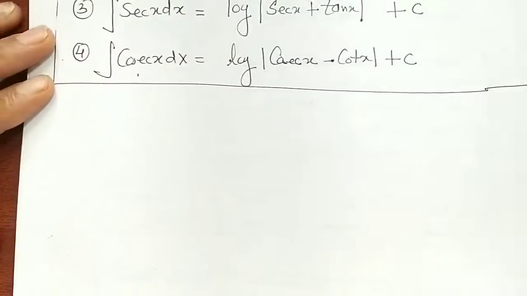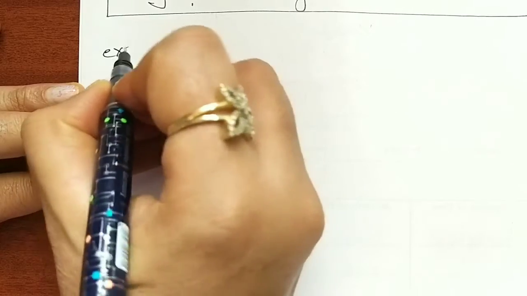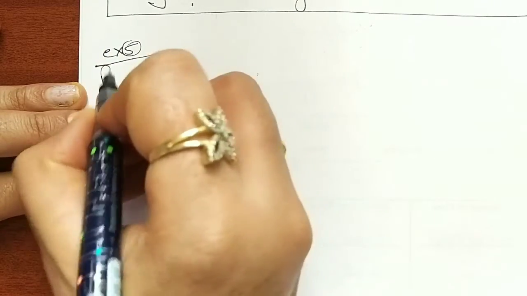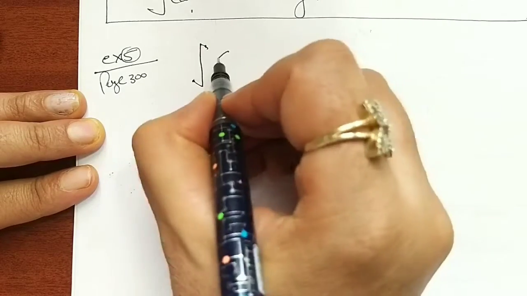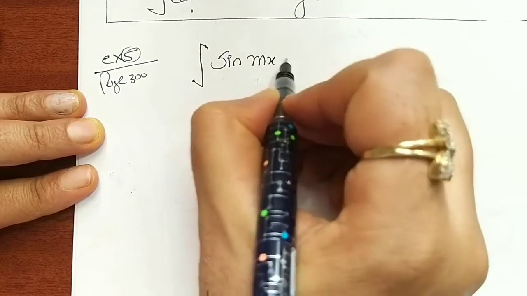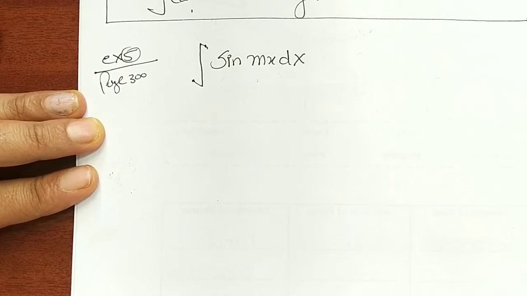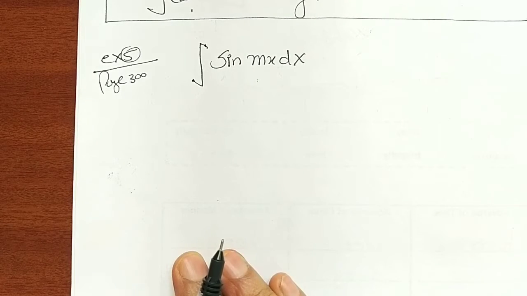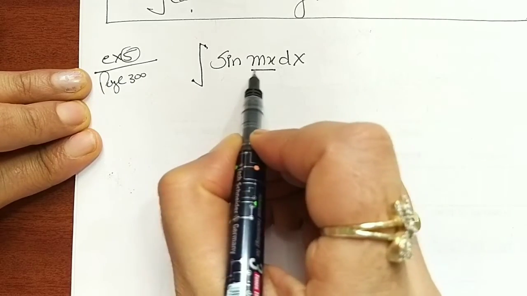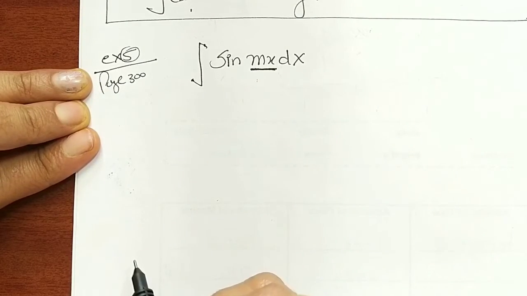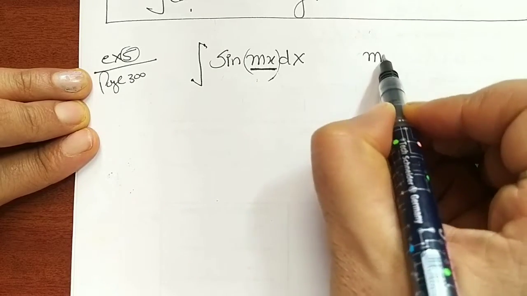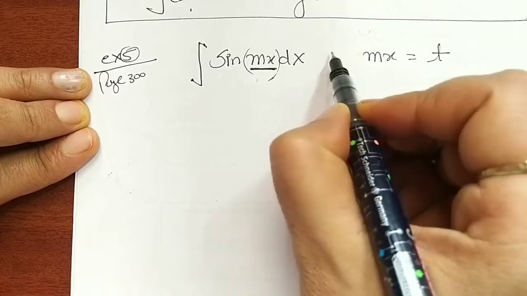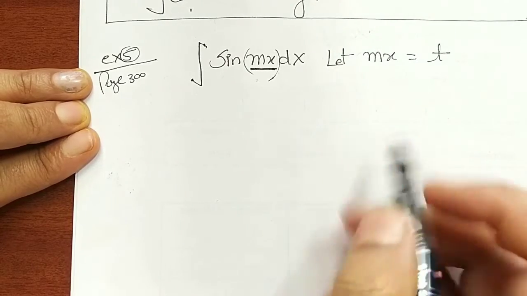So let's take the first example from your book to explain the meaning. They have given example 5, which you can find on page number 300. Integration of sine of mx dx. So whenever you find something like this, let us assume mx is t. This is just an assumption.